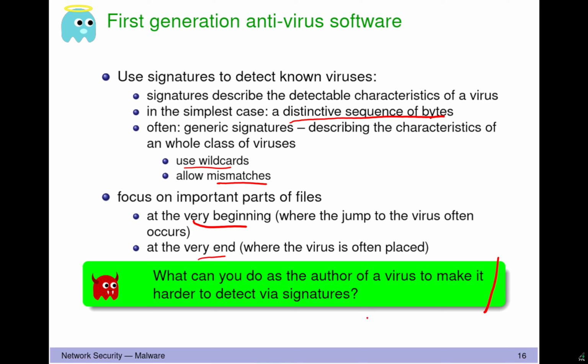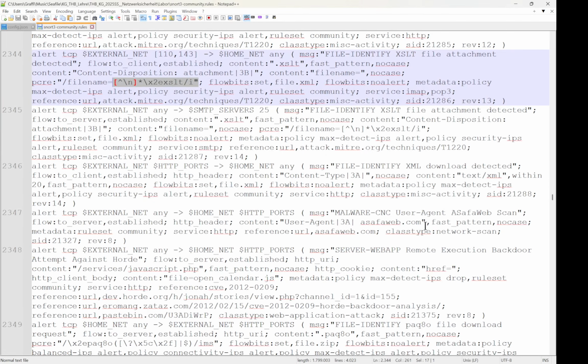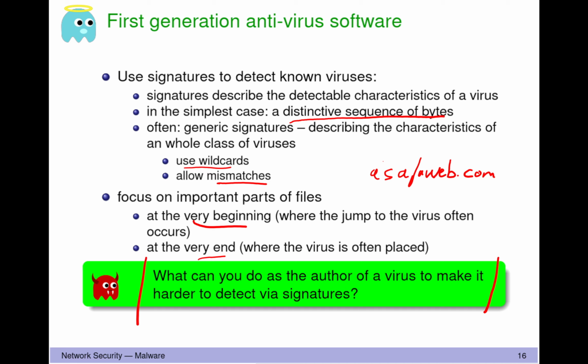Okay, let's say you are an author of viruses. How could you counteract this? Let's say they are looking for this pattern, asafarweb. This is just an analogy, obviously, but also in viruses, if there's a known pattern that you have to avoid, how could you avoid displaying this information?